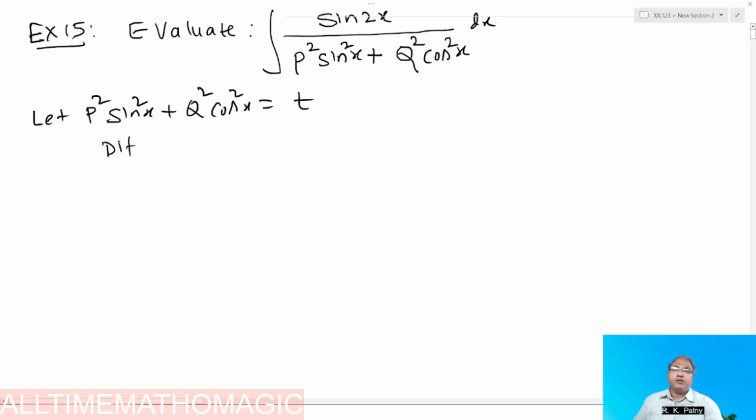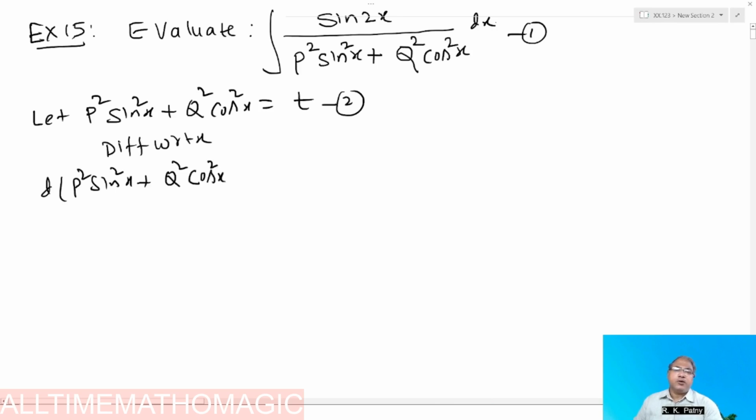Now differentiating with respect to x. Call it 1 and 2. So the derivative of p square sin square x plus q square cos square x with respect to x equals dt by dx.